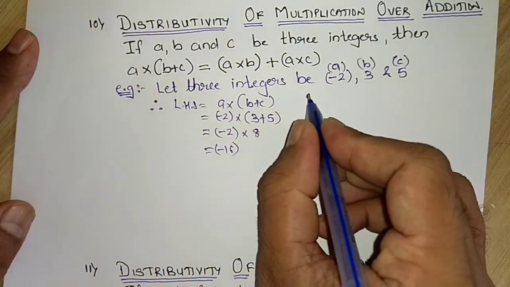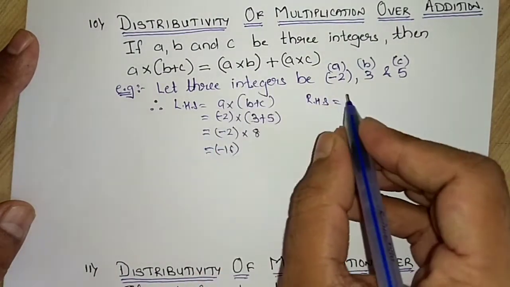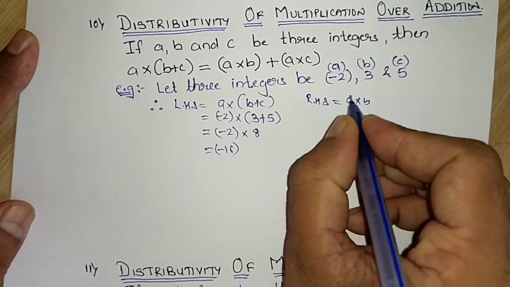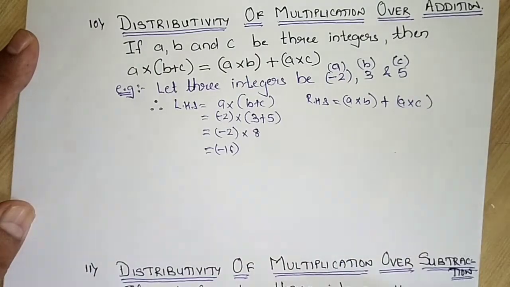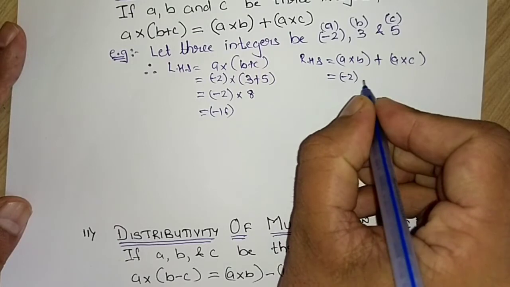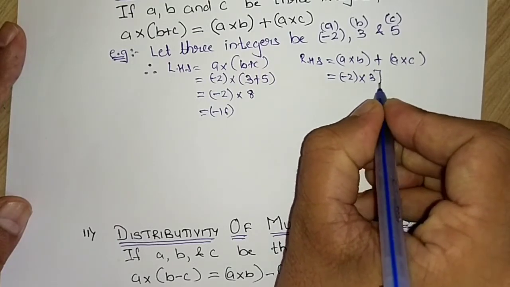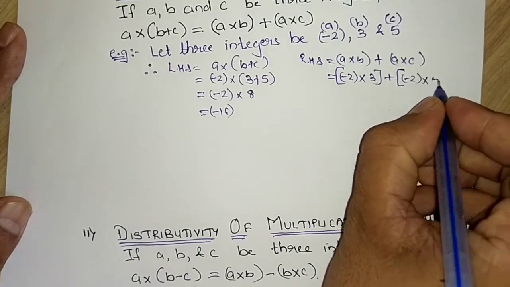Now RHS. RHS is equal to A into B plus A into C. A is minus 2 into 3 plus minus 2 into 5.